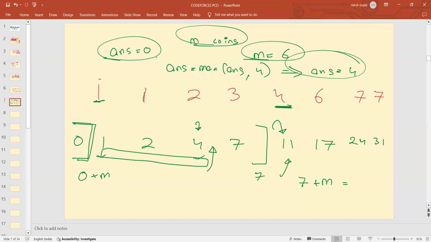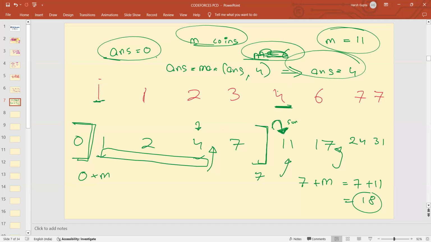let me just increase the value of M for explaining you this example. Let's suppose the value of M was 11. Okay. So the maximum I can go is 7 plus M, which is 7 plus 11, which is equal to 18. So my prefix sum array will tell you that if you are starting from this particular point, you can go till this particular point, because once I start from this particular point, my sum will start from 0, isn't it?